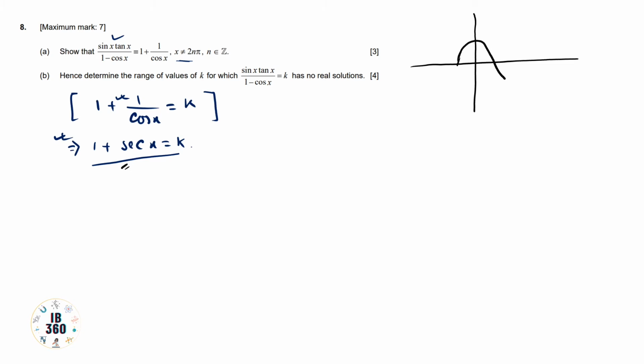Okay, so this is your cos x line, and this is plus 1 and this is minus 1, and these are the asymptote lines. We obviously know these are the asymptote lines for the sec x curve.